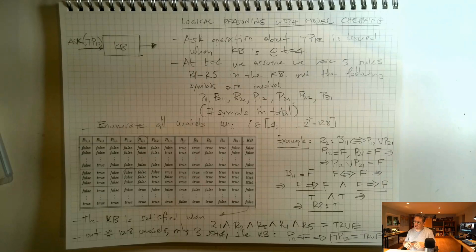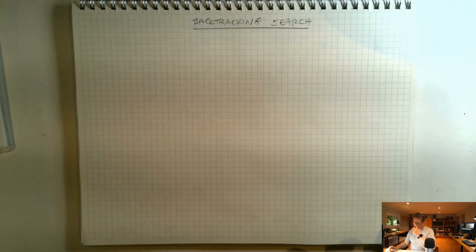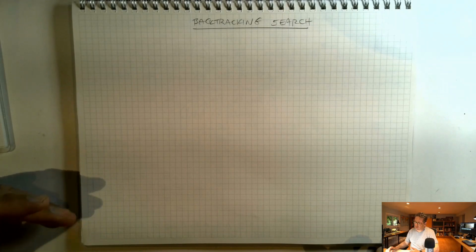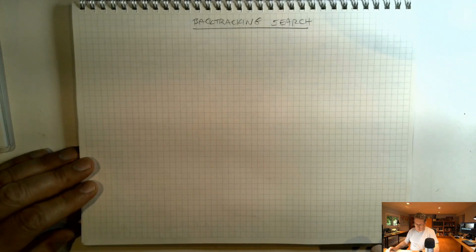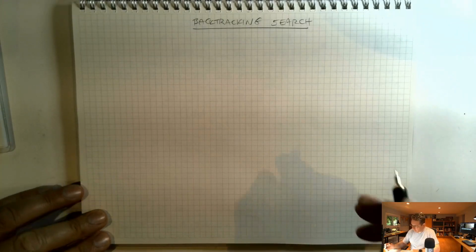So we will see an accelerated version of this algorithm that avoids evaluating all possible models, which is evidently exponential. We'll start a discussion about backtracking search, an algorithm that will help us alleviate the problem we've seen with exhaustive model checking in the first algorithm we looked at in an earlier video.